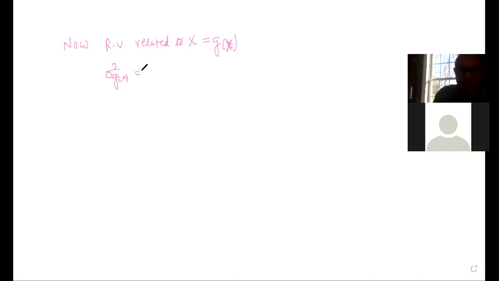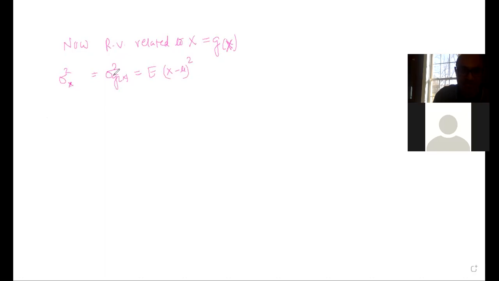This sigma square of g of x is equal to e of, previously it was x minus nu. Now for sigma square, we didn't write anything, but at that time, as I told you, it was to be understood that we were dealing with sigma square of x, and that's why we were having x minus nu and whole square.